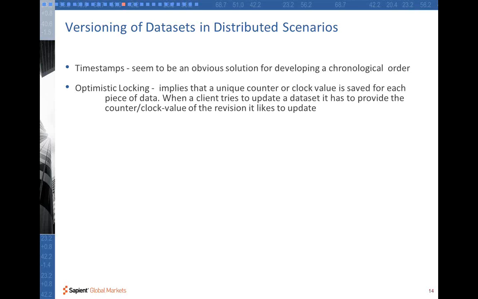Now, timestamps rely on synchronized clocks and do not capture causality. As a NoSQL store example, Cassandra uses timestamps at the column family level to determine the most recent value when doing a read request. Optimistic locking does not work well in distributed and dynamic scenarios where servers show up and go away often and without prior notice.